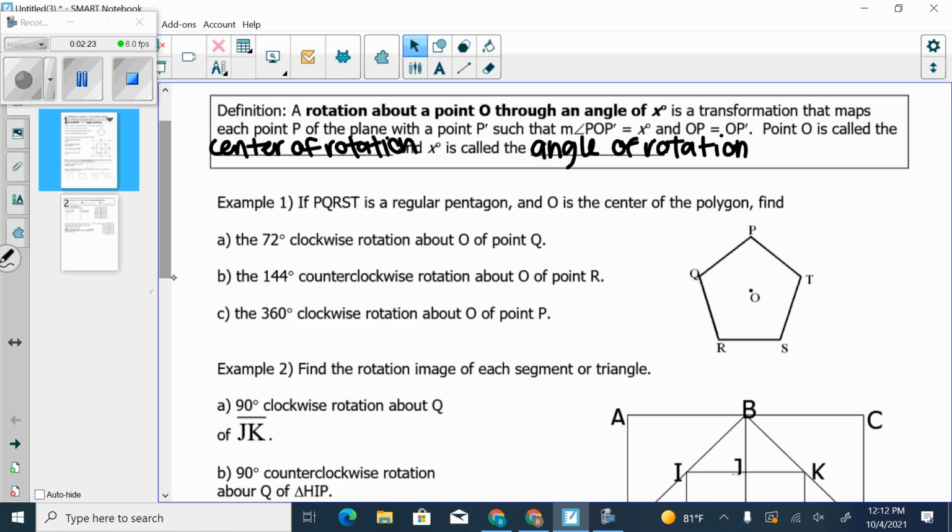Okay, and it says O is the center, so that's going to be the point that we are rotating around. Okay? So, the first thing they ask us to do is the 72-degree clockwise rotation about O of point Q. So I'm supposed to be rotating point Q around O 72 degrees.